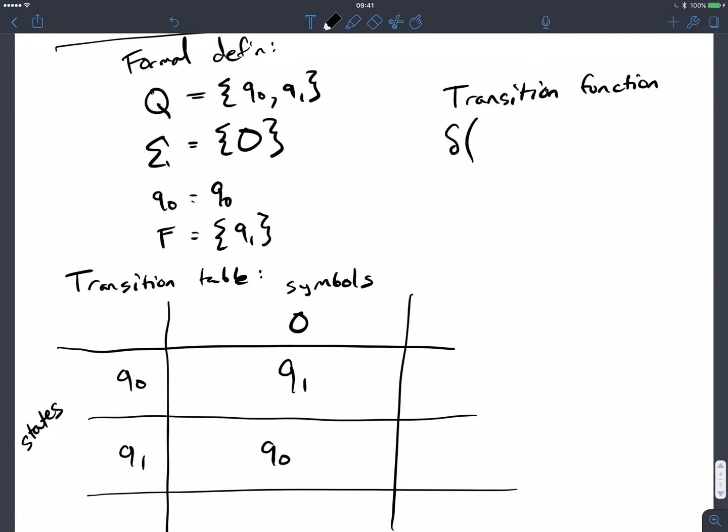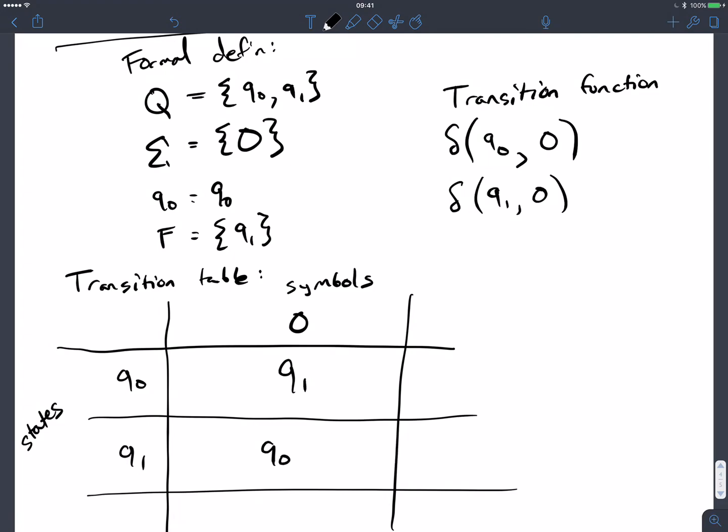What are the 2 things it takes? Current state and input symbol. So we got to fill 2 things in delta. So one combination will be Q0 and 0, and the other combination will be Q1, 0.